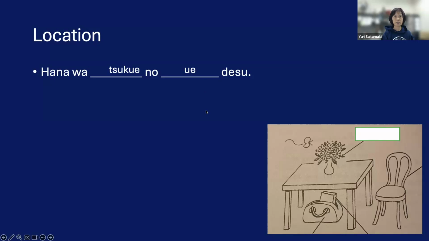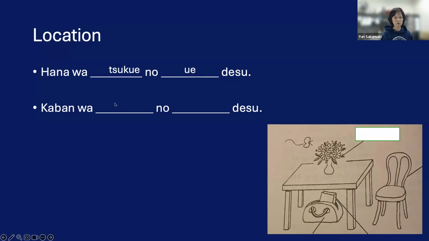You can also think that the word order is reversed from English. You will say on the desk. You say on first. But in Japanese, we say desk first. Tsukue no ue desu. All right. Follow the same pattern. How would you say where the bag is? So the bag is under the desk.